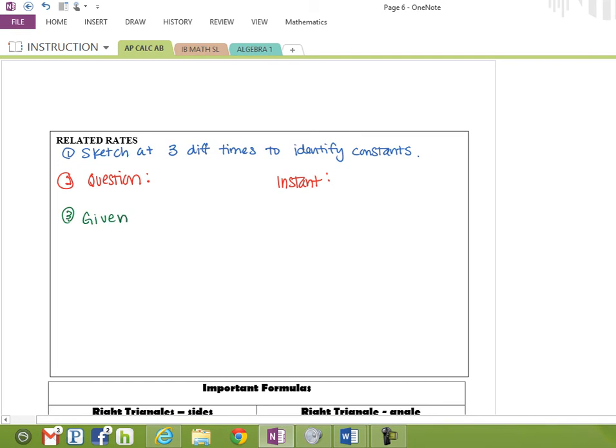In the given information, you want to label constants, and here I'm going to even put a note for you. Oopsie. Ignore the instant because we already had it labeled above. We did it right there, so we don't really need to relabel that work again.